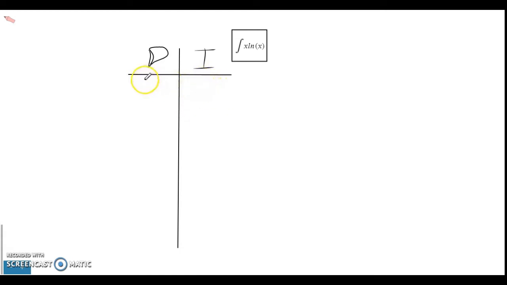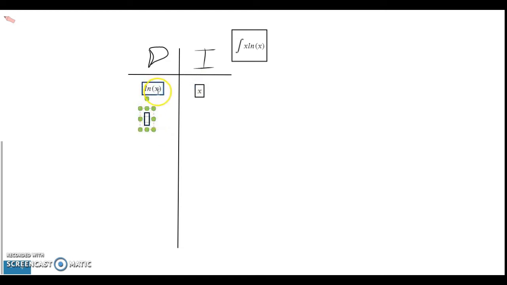Only problem is, while x is easy to do the derivative for, the integration of natural log x is pretty difficult. So in this case, what we're going to do is actually switch them around and put natural log on the derivative side and put x on the integration side. And like I said before, this just comes with practice, knowing which ones to put on which side. So without further ado, let's continue.